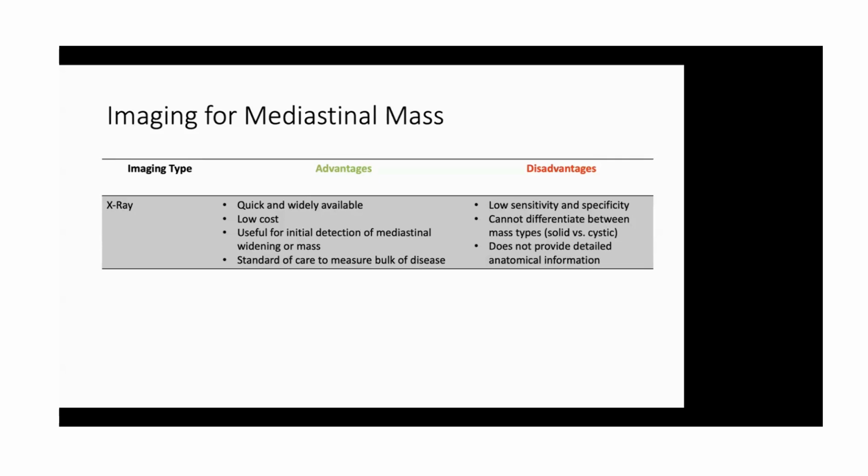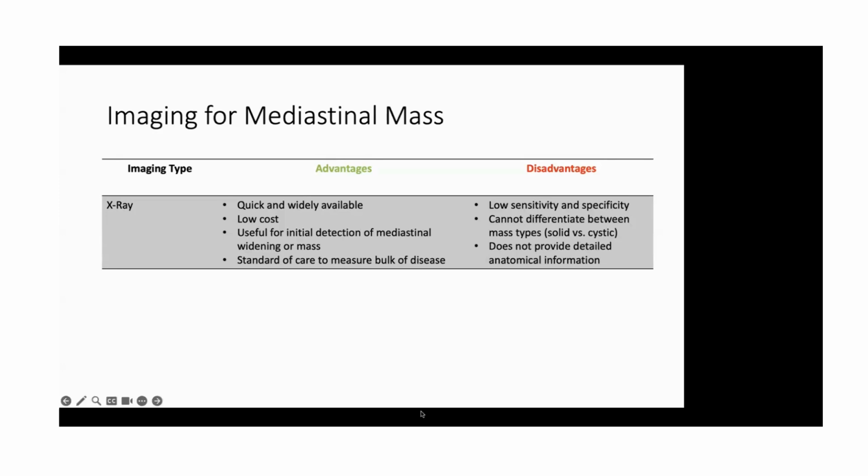And it's a standard of care to measure the bulk of the disease. However, it has low sensitivity and specificity, and it cannot differentiate where the tumor is coming from. We cannot easily understand whether it's posterior or anterior. We cannot understand, of course, via X-ray whether it's a solid or cystic mass.